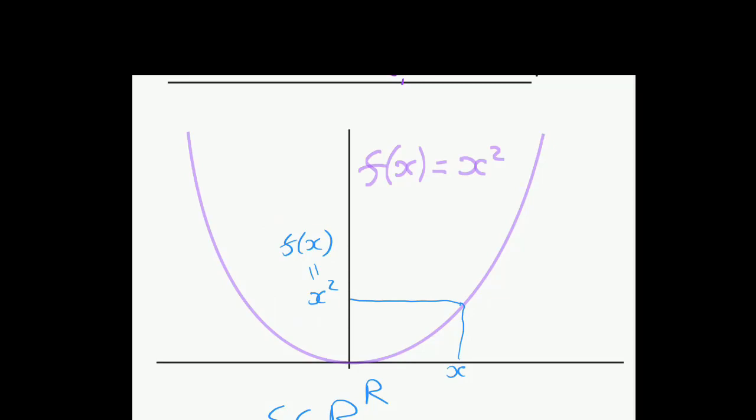Now, there's a notation which allows us to talk about things like this in a cleaner way, and this is called lambda notation. This is the same kind of notation which is often used in lambda calculus. It's a really pleasant notation which allows us to talk about functions more easily.